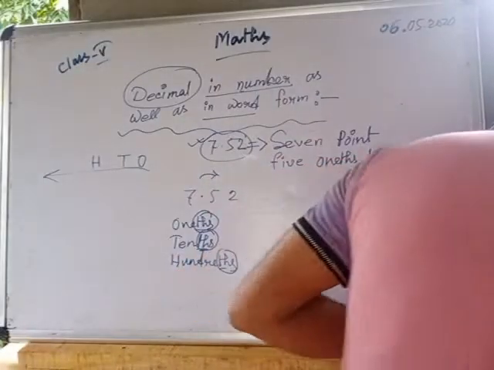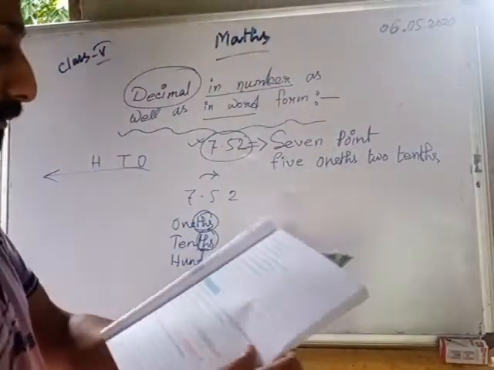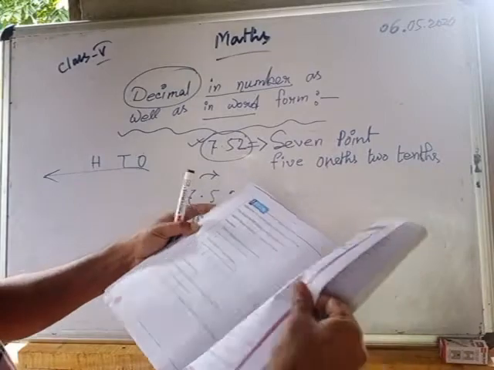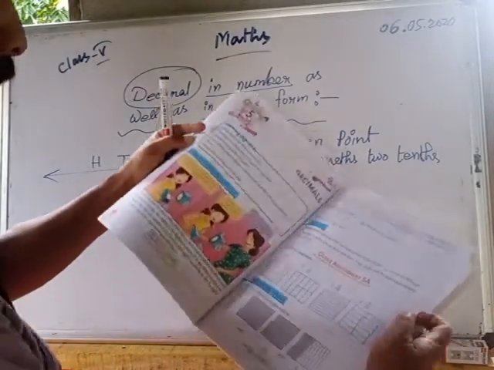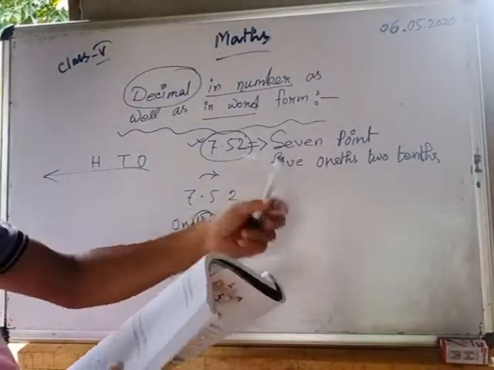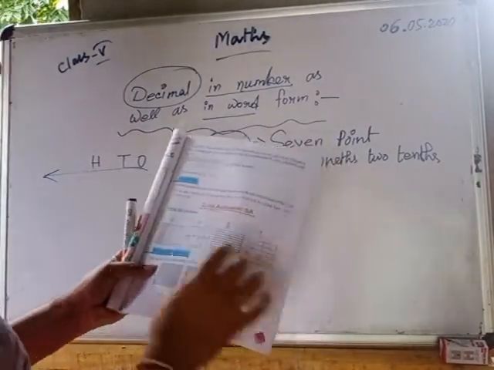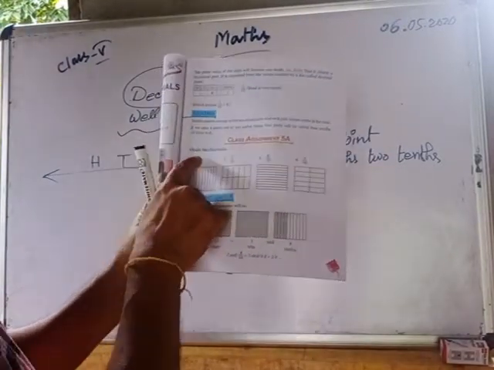Read and write the decimal correctly. We should write like this. Shade the fraction: it is 3 out of 10.